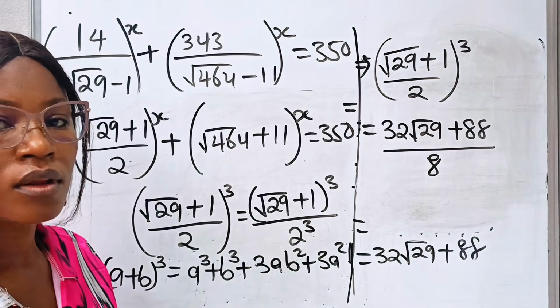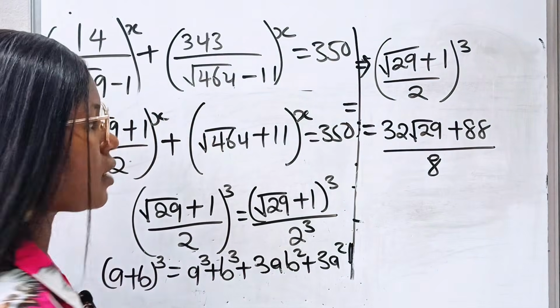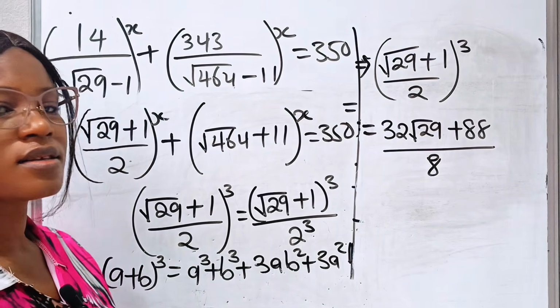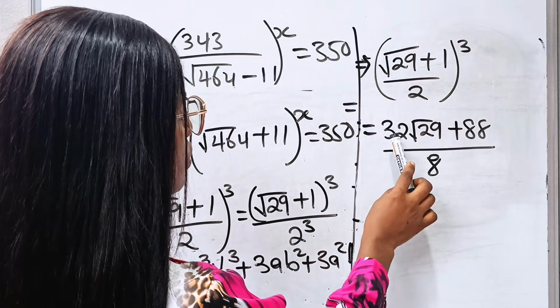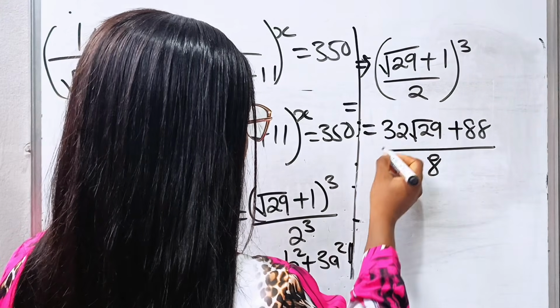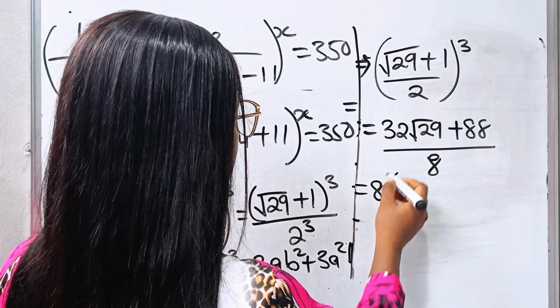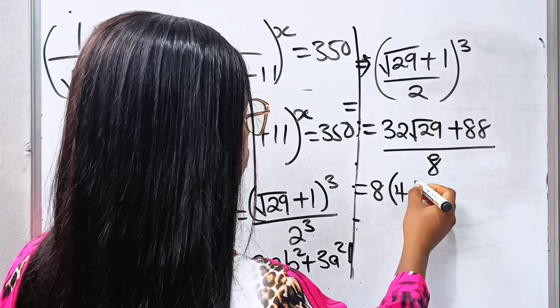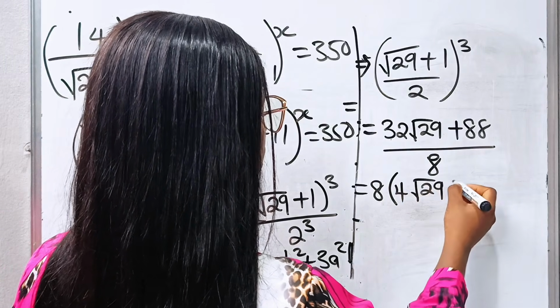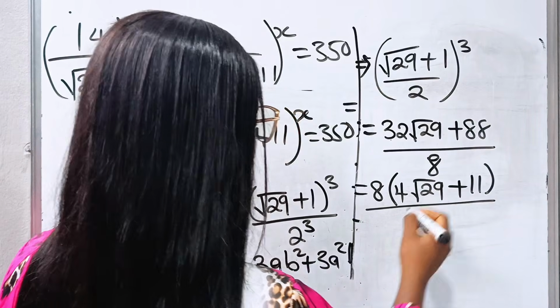Now looking at this closely, you will notice that 8 is a common factor for 32 and 88. So if we factorize 8 from here, we are going to have 8 brackets 4 root 29 plus 11 divided by 8.